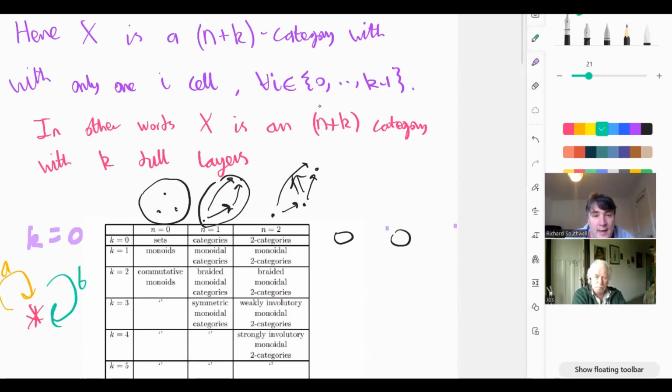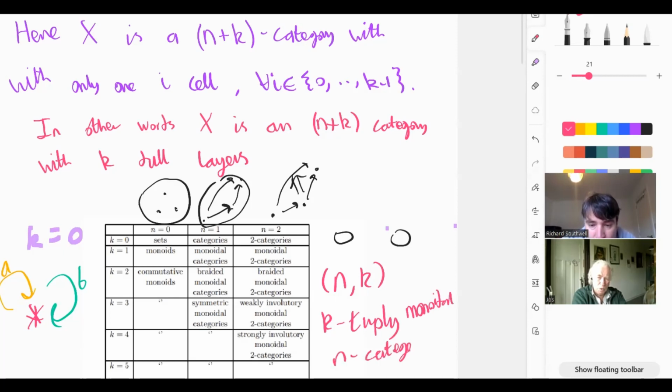So more generally, here's the definition. The thing that goes in the place n comma k is called a k-tuple monoidal n category. Oh, that's a nice word. Yeah, a k-tuple monoidal n category.